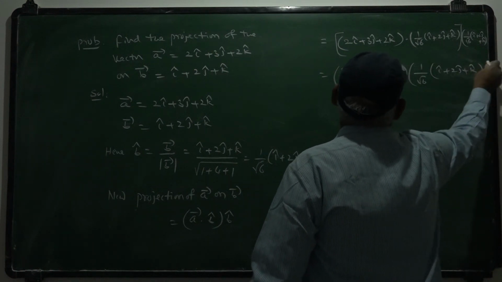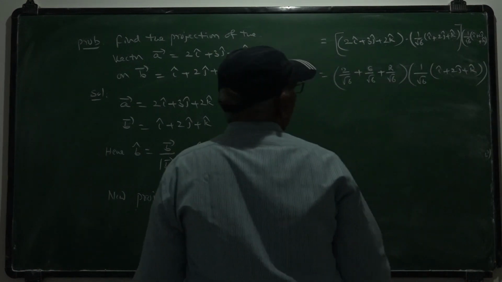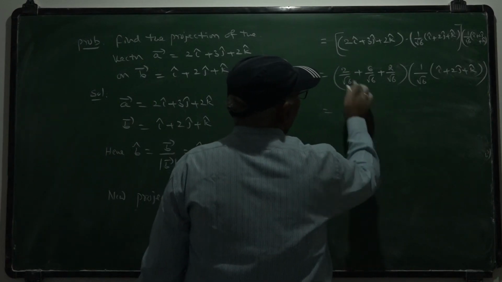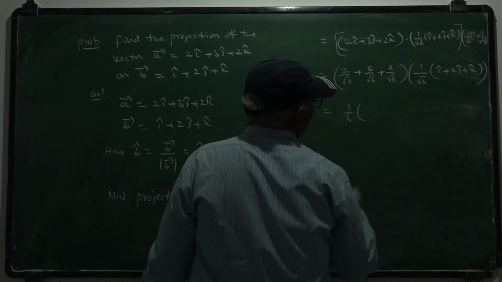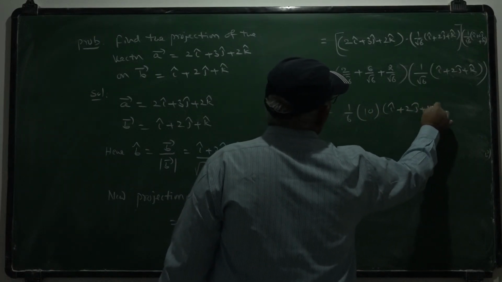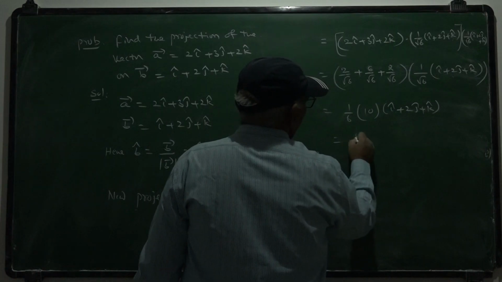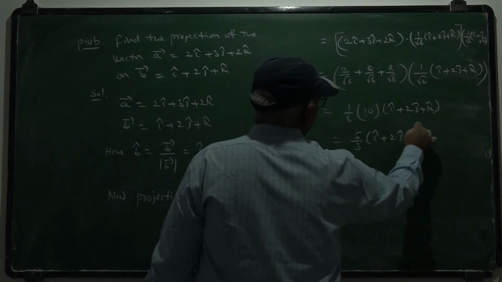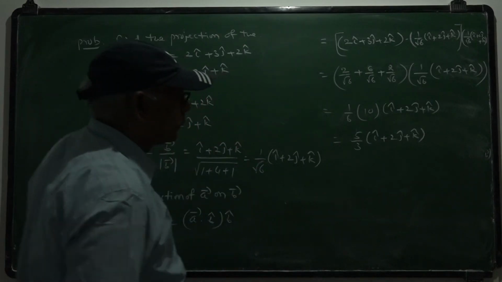This is b cap. So root 6 into root 6, 6. 1 by 6 into 2 plus 6 plus 2, 10, into i plus 2j plus k itself. 5 by 3 into i plus 2j plus k. This is our projection of a bar on b bar.